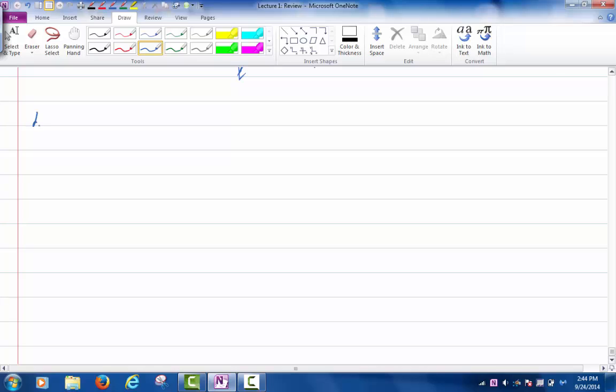Okay, another example. Let's take the function f of x to be 1 over (x minus 1) squared. Is this function continuous at 1?